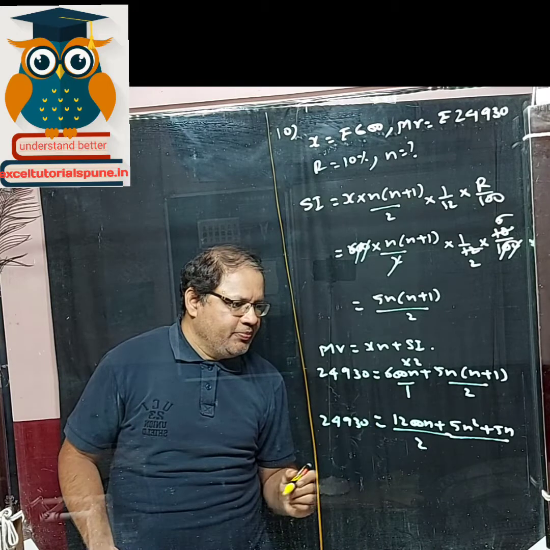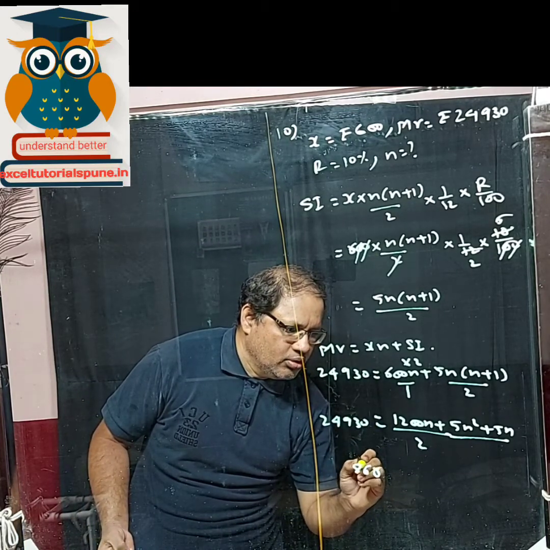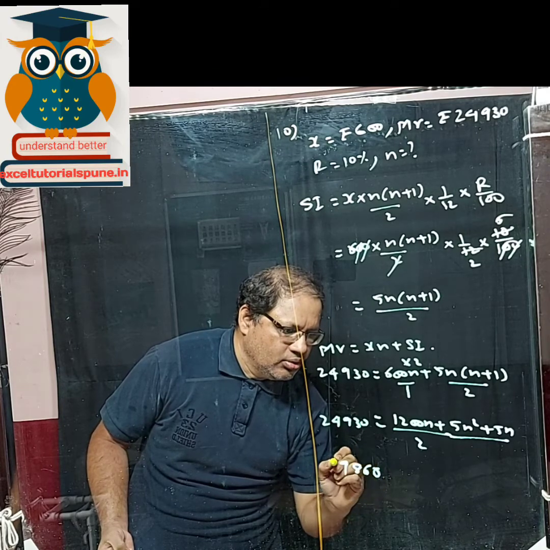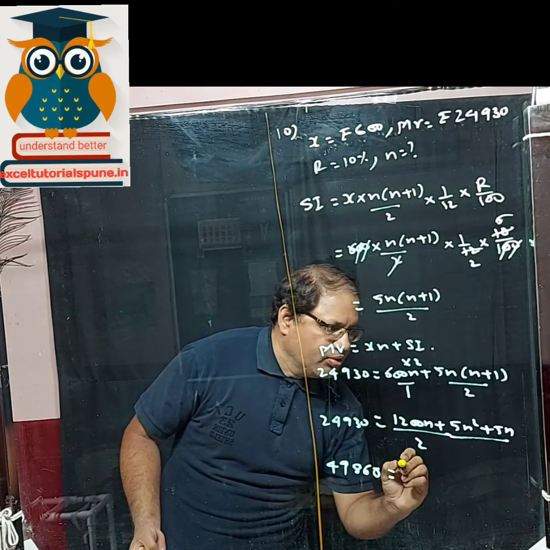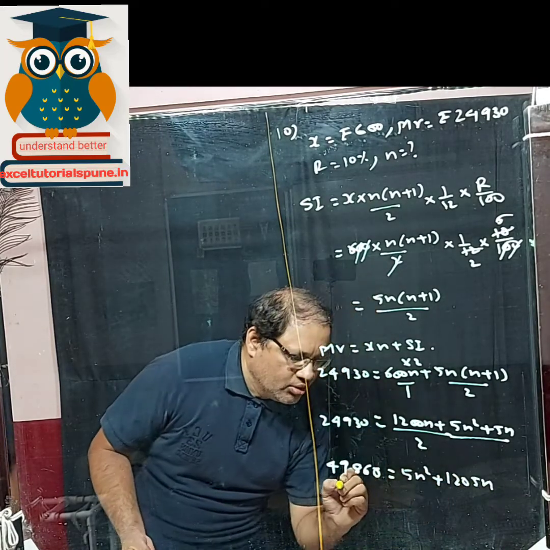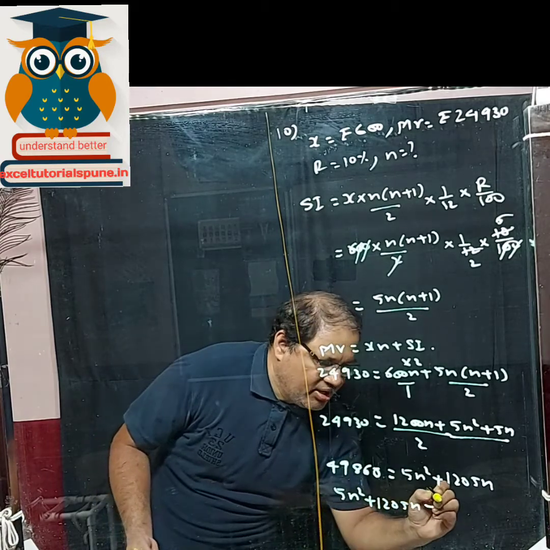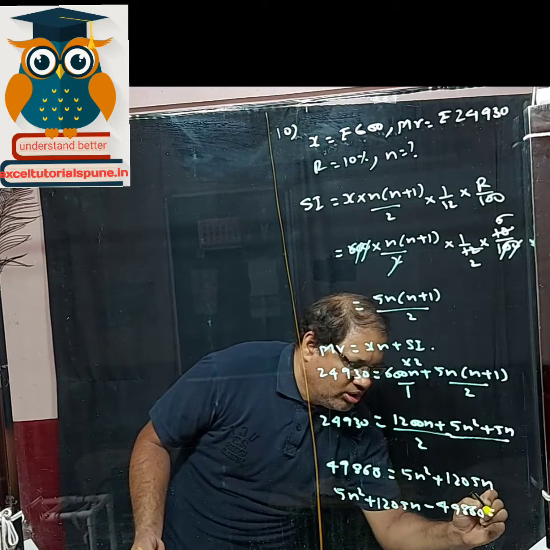Send 2 that side. So it comes 5n square plus 1205n minus 49860 equal to 0.